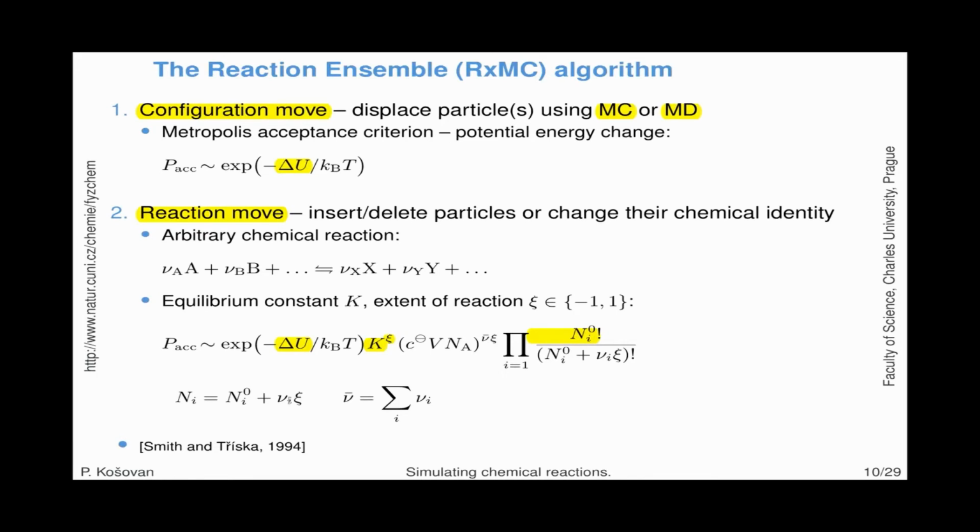Here, the extent of reaction psi can be equal to plus or minus 1. Plus 1 means that we go one reaction step from left to right, minus 1 means we go one reaction step in the other direction.